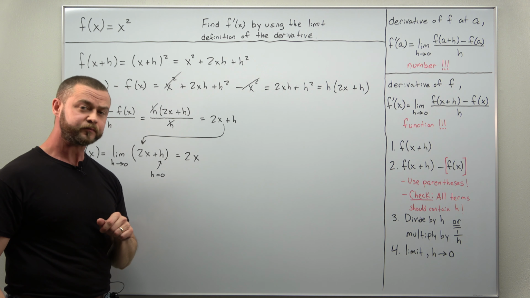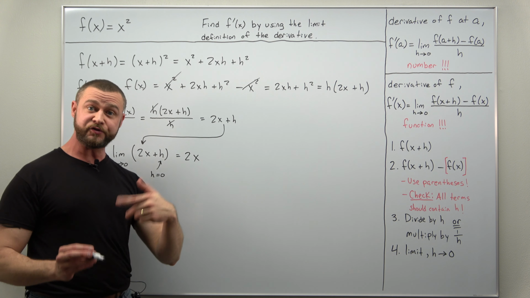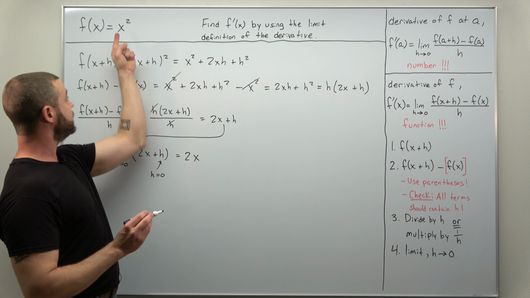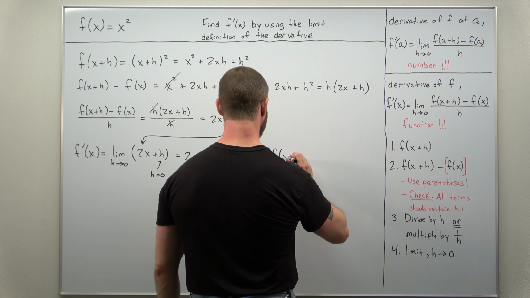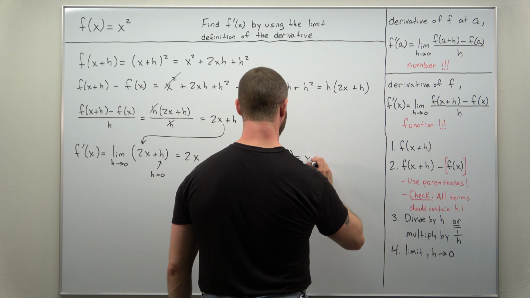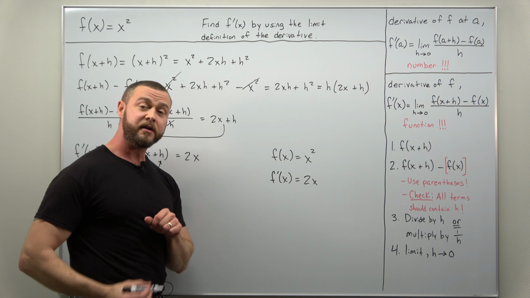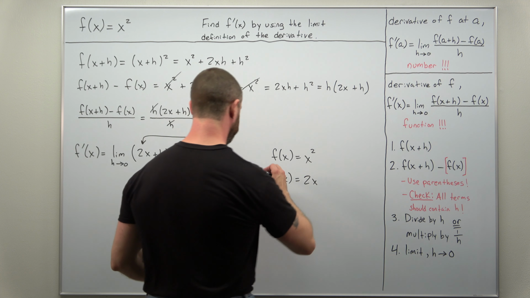get through these. Now, one thing I always like to do is just to take the function that we're given, which was f of x equals x squared. And I'm just going to write what we just calculated, the derivative, right below. So if our function f of x is x squared, the derivative, we calculated that as 2x.